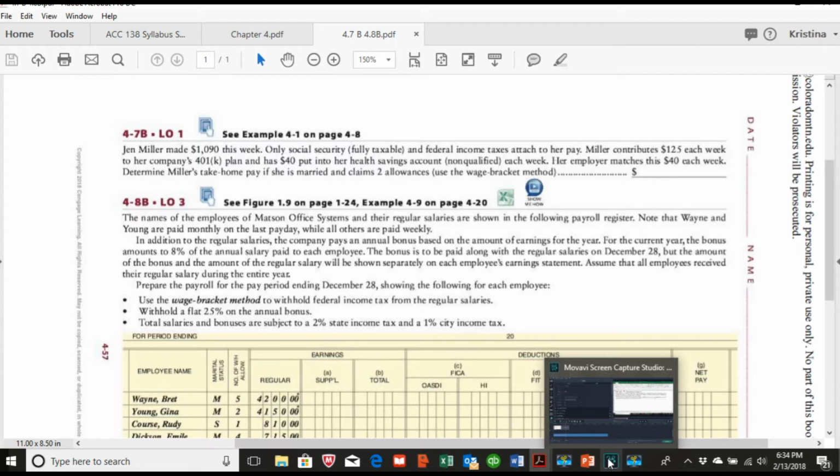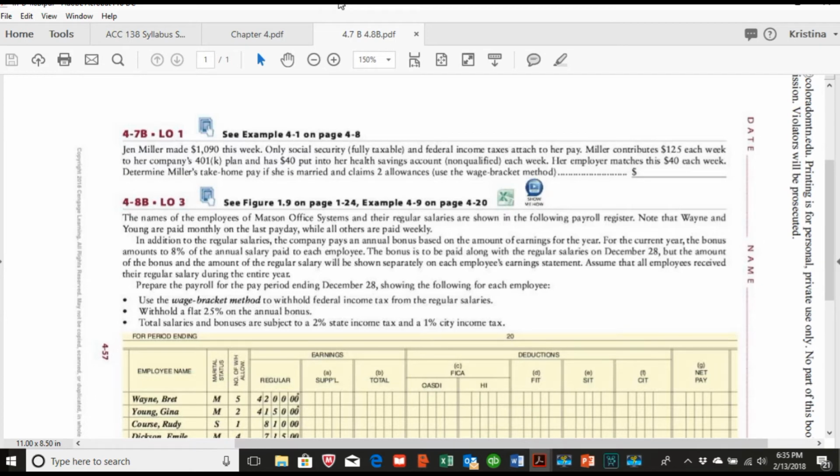And she has $40 put into her health savings account. And here it says it's non-qualified, which means that we have to tax that each week. Her employer matches this $40, and the matches are not taxable either. They want us to determine her take-home pay if she's married and claims 2 allowances using the wage bracket method.